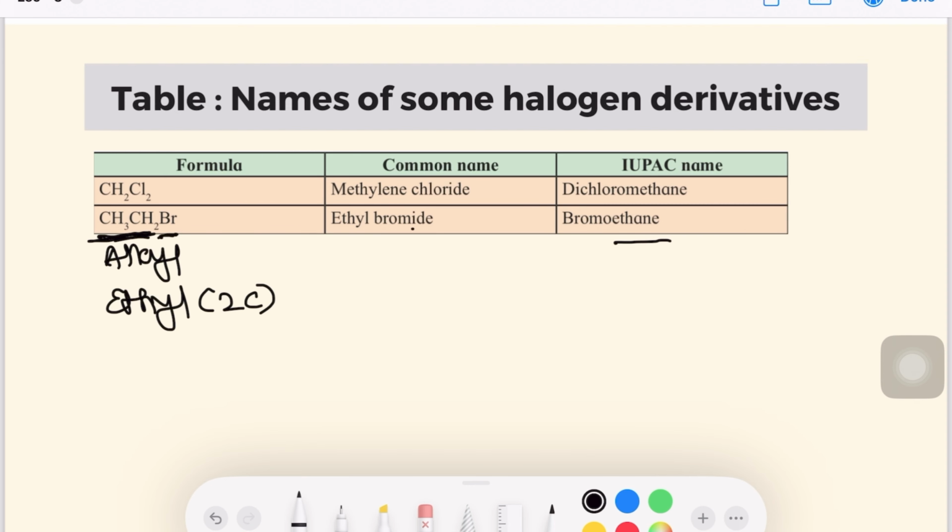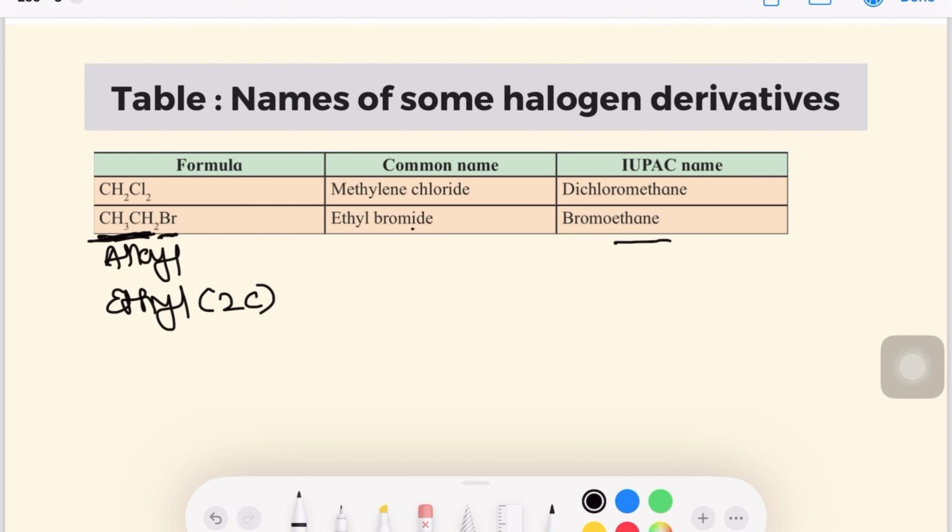Why propyl? Because of 3 carbons. At this middle carbon there is chlorine as the halogen atom. So the common name is first the alkyl group, isopropyl, and chlorine as halogen is chloride. So isopropyl chloride is the common name of this compound.